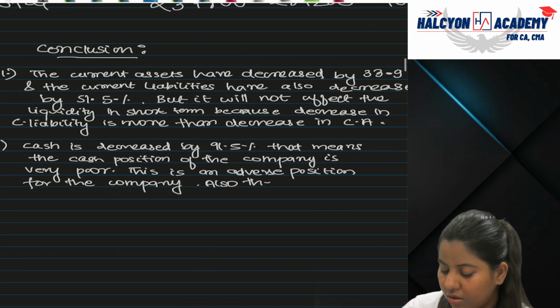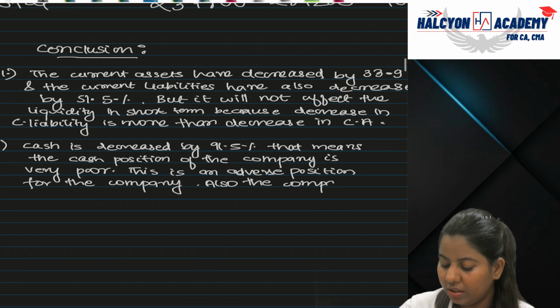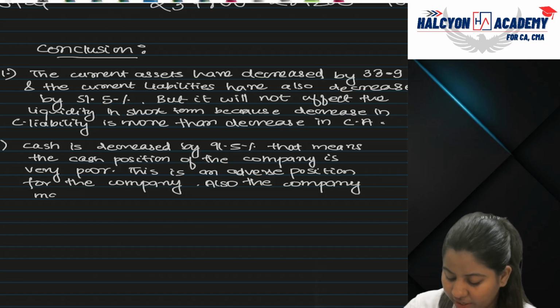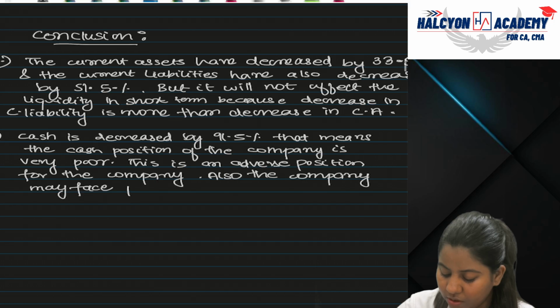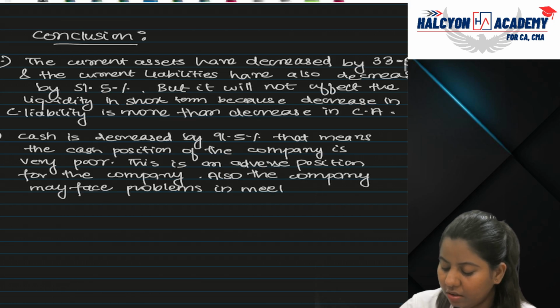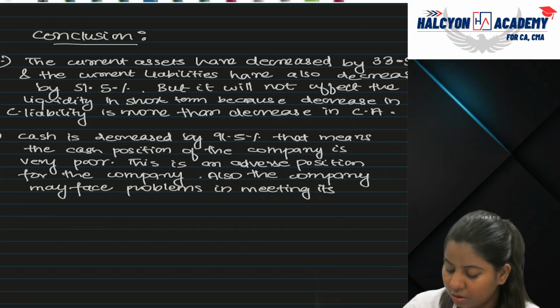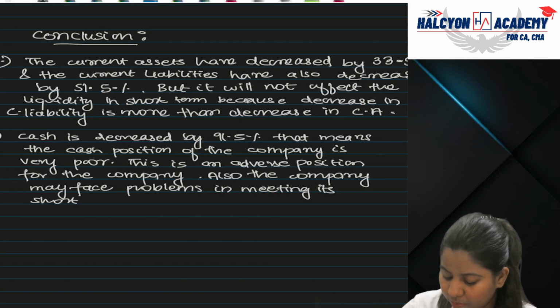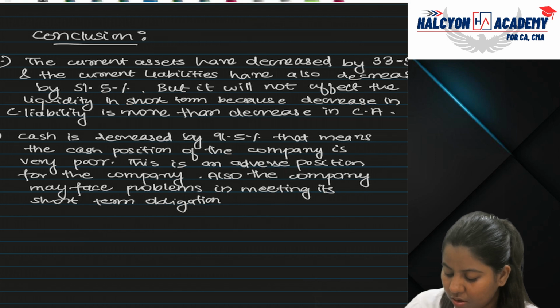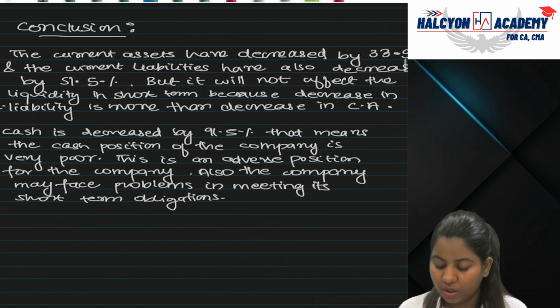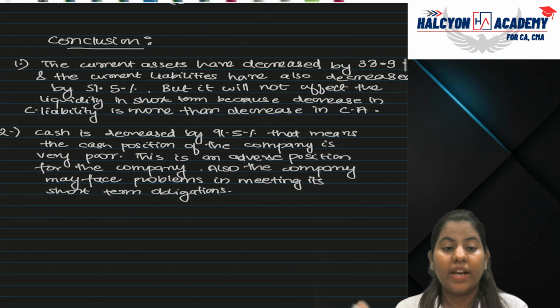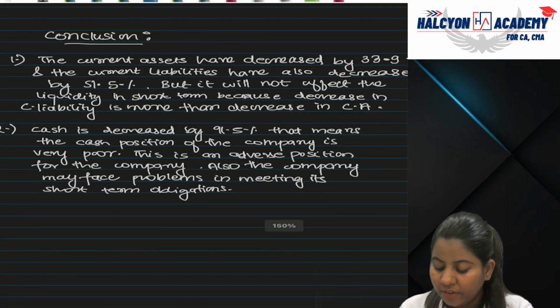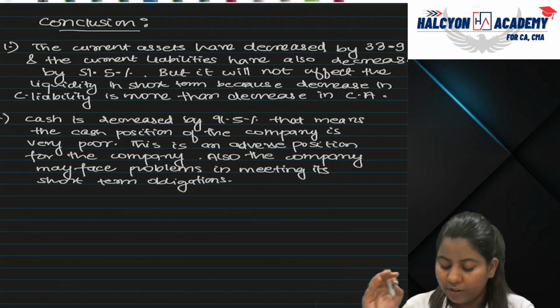Also, the company may face problems in meeting its short-term obligations. Okay, so cash is decreased by 91.5%, which is an adverse position of the company.